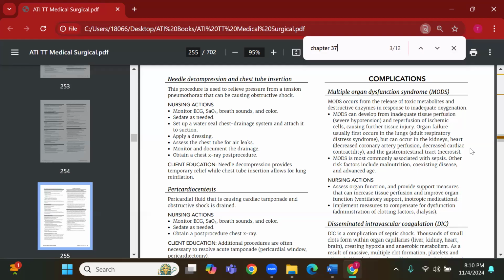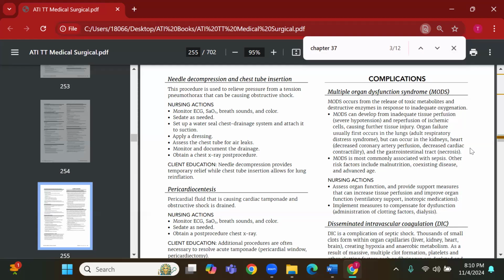It says occurs from the release of toxic metabolites and destructive enzymes in response to inadequate oxygen. MODS can develop from inadequate tissue perfusion or severe hypotension and reperfusion of ischemic cells causing further injury.